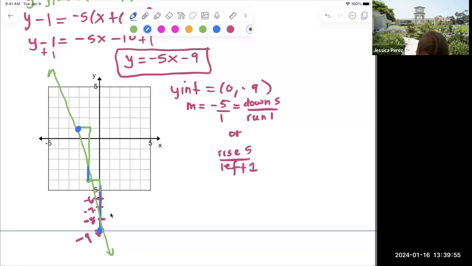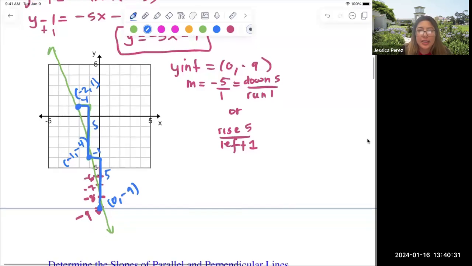So this is -2, 1. This point is -1, -4. And this one's 0, -1. So then you could say up 5 to the left 1. Notice how it's still a downward slope. We have a downward slope because my slope is negative.